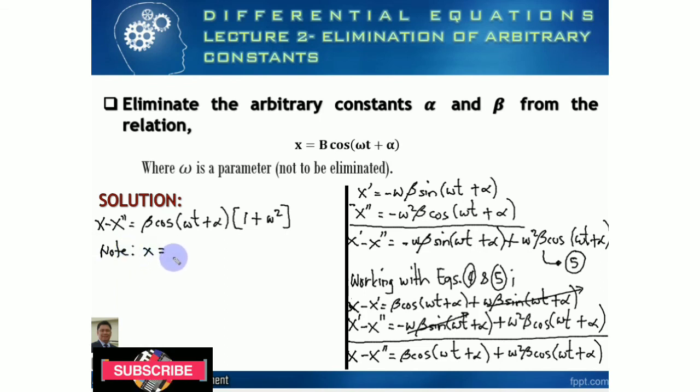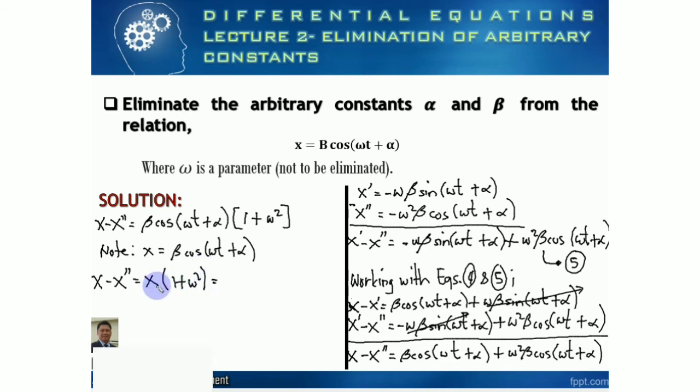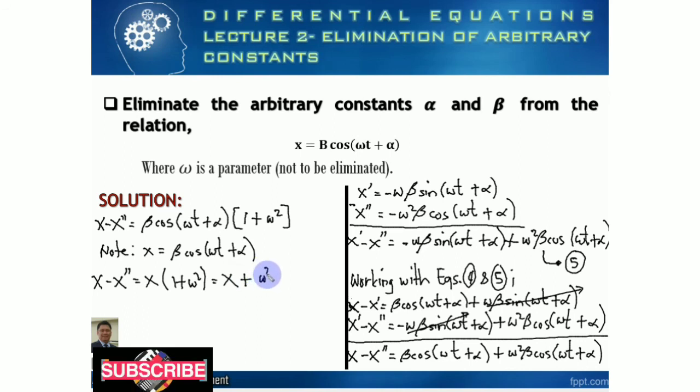So if we substitute here, it will be x minus x double prime equals x times 1 plus omega squared, and if we distribute this, x times 1 is x plus omega squared x.